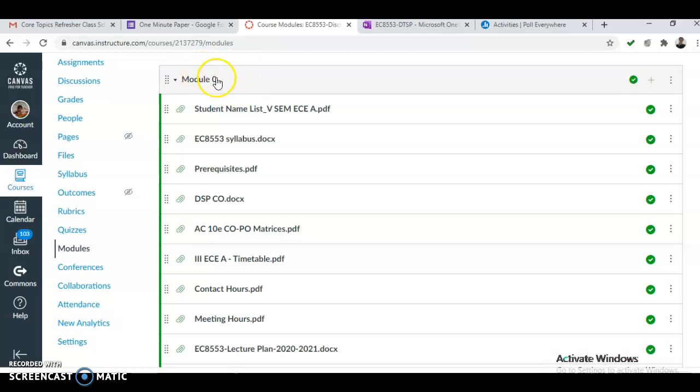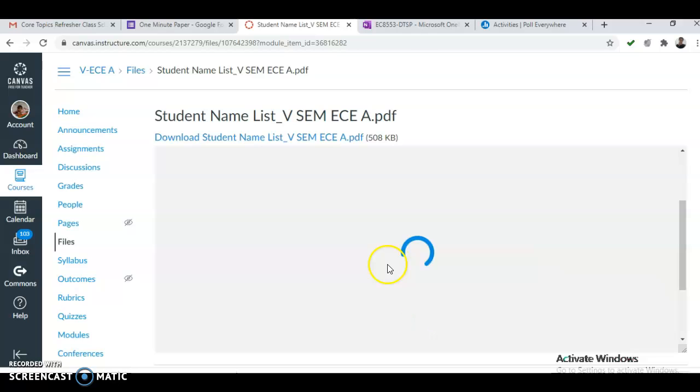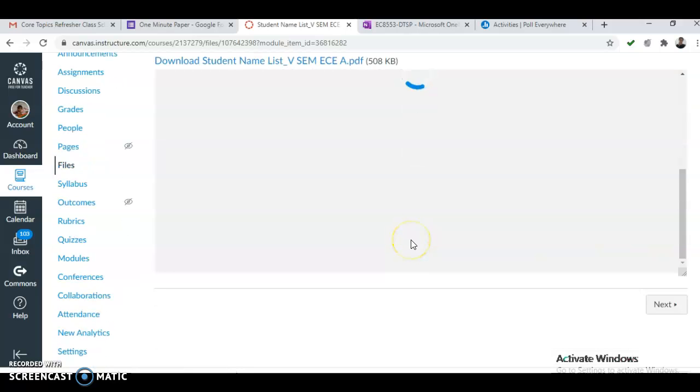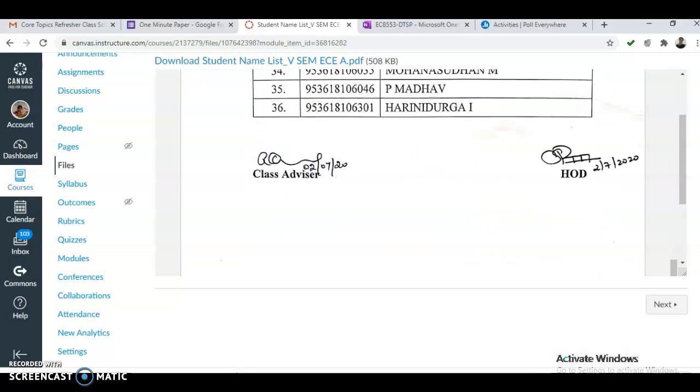The first module, the introductory module, consists of the student name list. 36 students are available in this course.